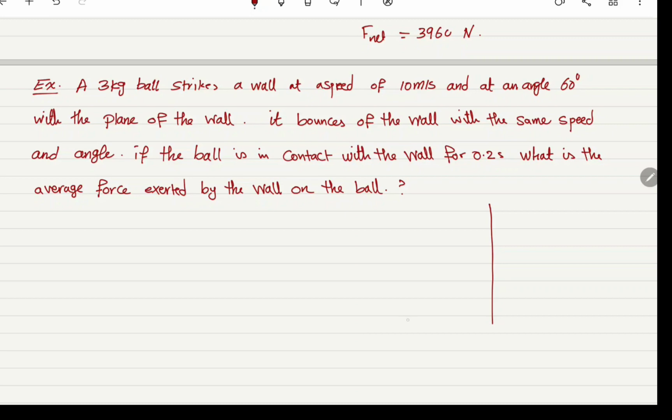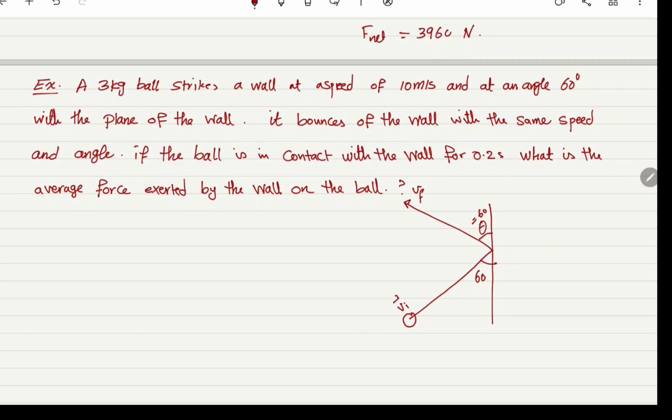Here's the wall, and the ball, this one here, strikes the wall with angle theta equal to 60 degrees, and this is the initial velocity. It bounces back at the same angle, theta equal to 60 degrees, and this is the V final.